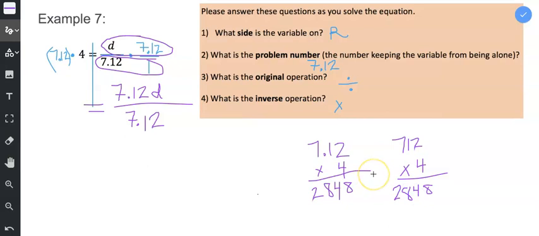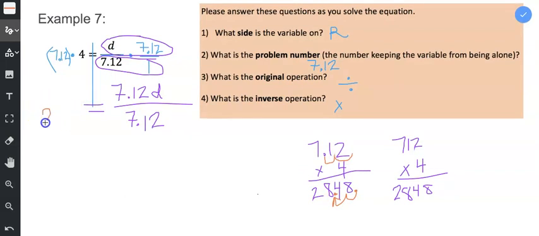And then at the end, you have to pay attention to the decimal. So I'm going to grab a different color, and you just count the number of decimal places in the numbers. So there's 1, 2 decimal places in this number. So I start over here on the right side, and I move the decimal once, twice to the left, and I place the decimal here between the 8 and the 4.